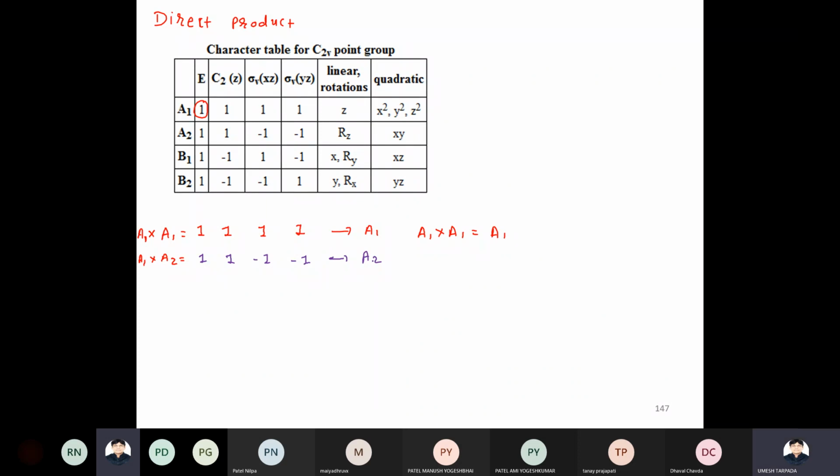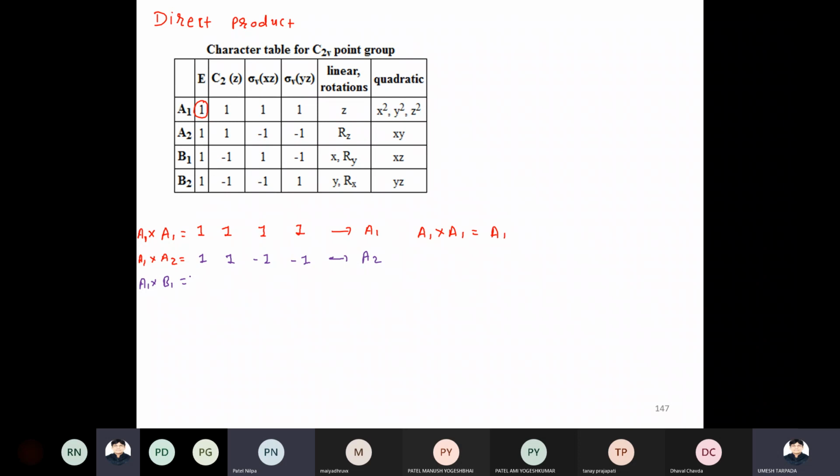Next, you go for A1 multiplied with B1. What is its answer? 1, minus 1. 1, 1, minus, minus 1, 1. 1, minus 1. Then again 1, minus 1.